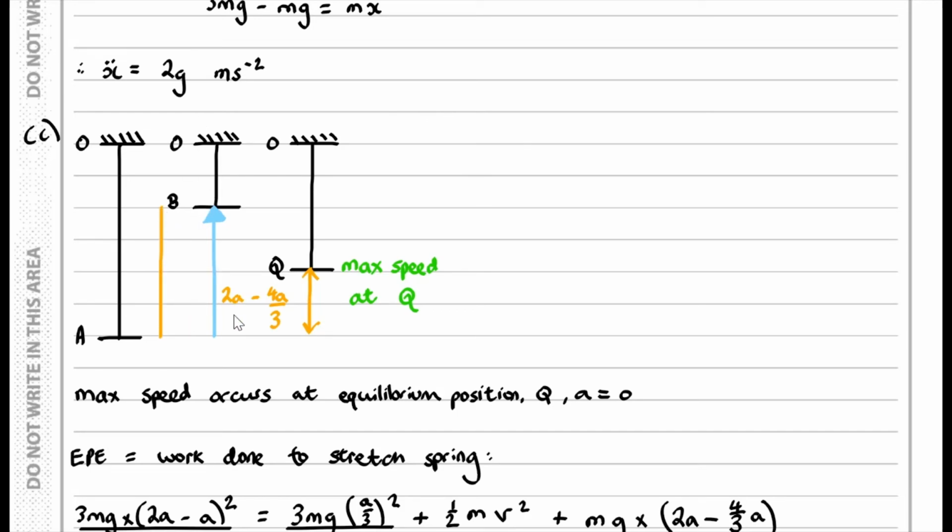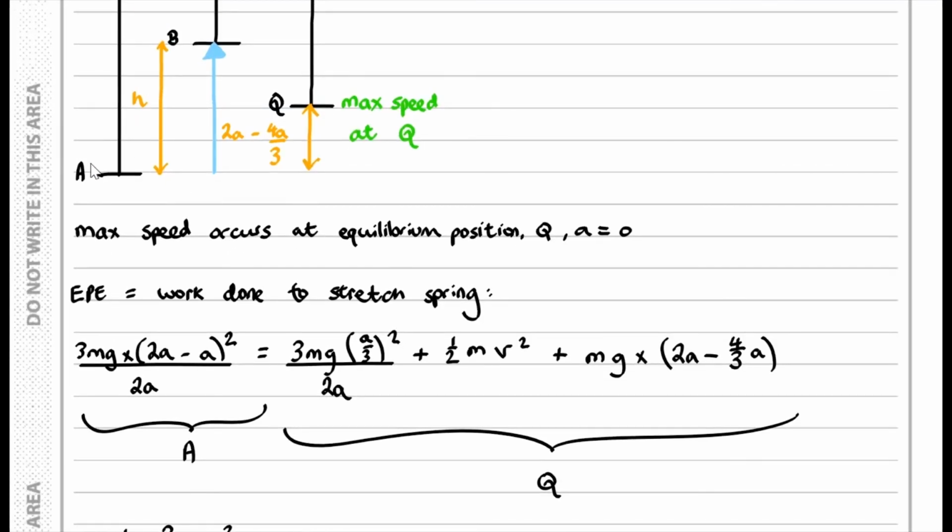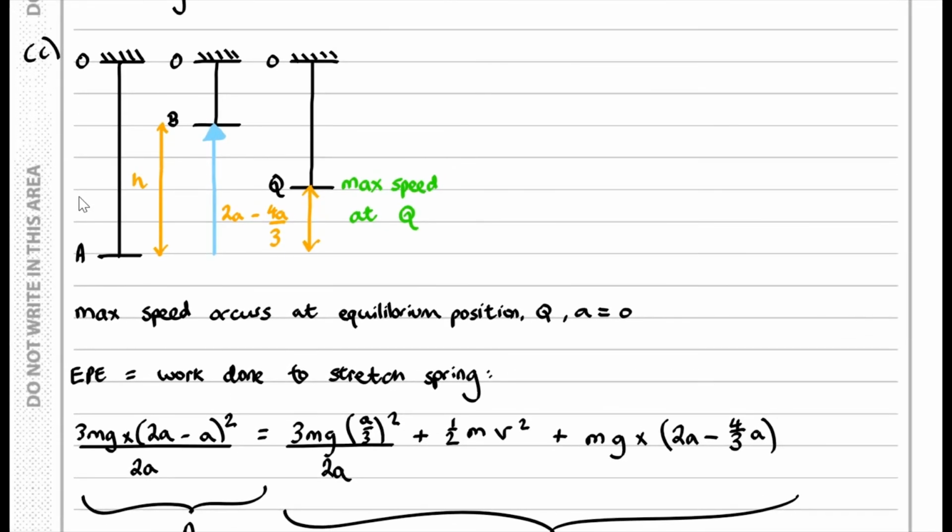Okay, and if we call this h over here, then we can find OB by subtracting h from OA. Okay, so we know that over here we've got a length of 2A.